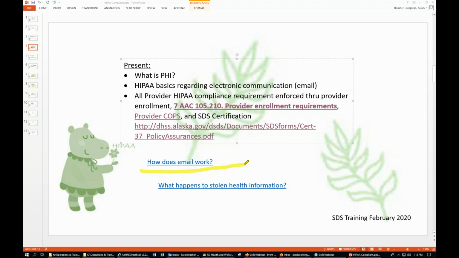So I want you to tell me what happens when you send an email. When you hit send, does it go directly to the person? Is it automatically secure because it's only that person's one email address? Is it just like a phone? Is it just like a fax? What happens after you send an email?